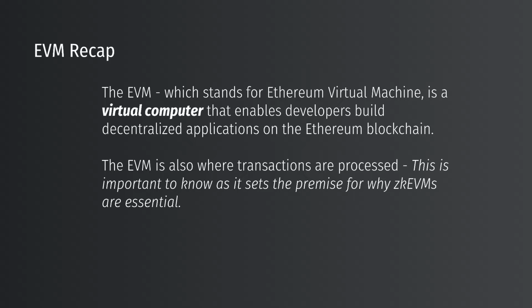This is important to know as it sets the premise for why zkEVMs are important. Now that we have that framework to work with, the EVM exists as an entity by itself as a means where blockchain developers can write and build smart contracts on top and solve that problem of building things on the blockchain.